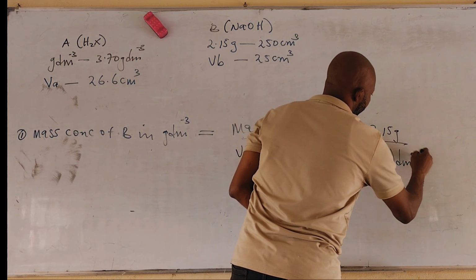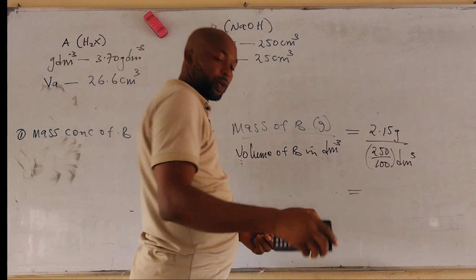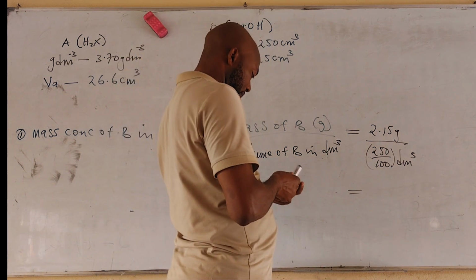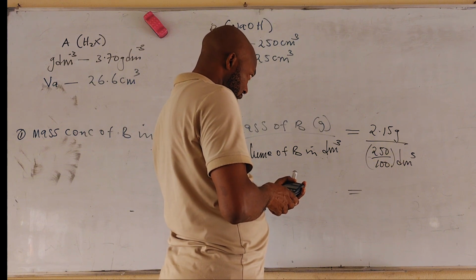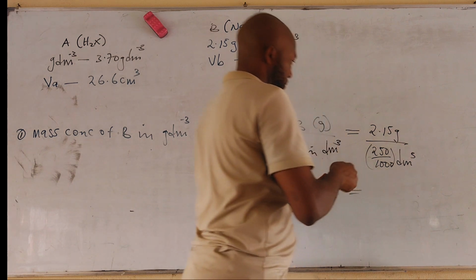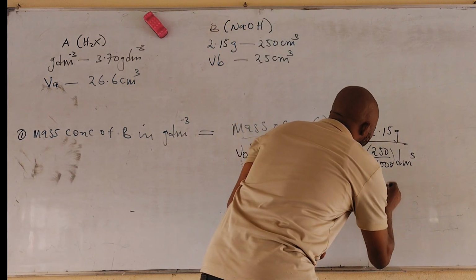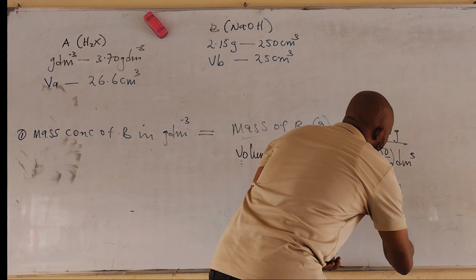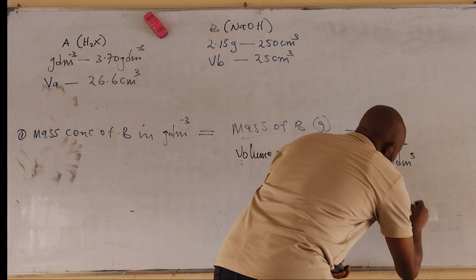in dm cube. And this is equal to, what do we have here? 250 divided by 1000 is equal to 0.25. So I have 2.15 in gram over 0.25 dm cube.